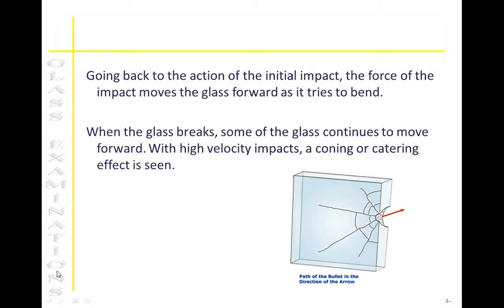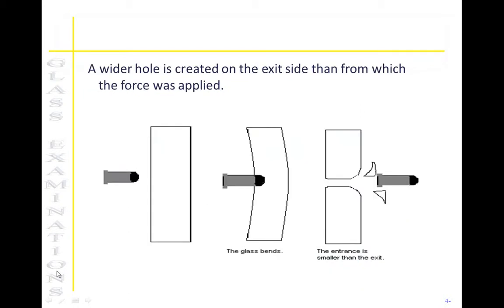Another characteristic that occurs when glass is broken is shown with a high velocity impact. And this is going to create a coning or a cratering effect right by that impact area. A wider hole is going to be created on the exit side than where the force was applied from.